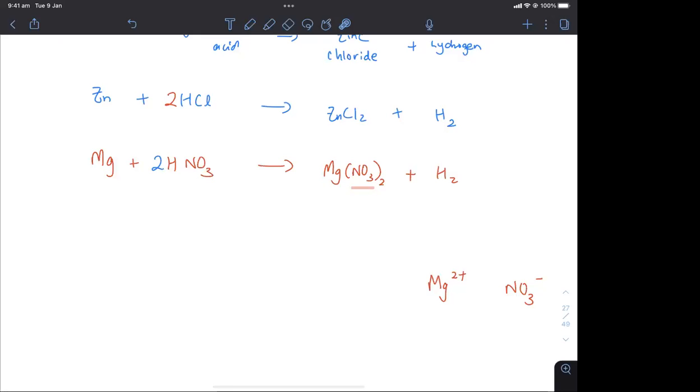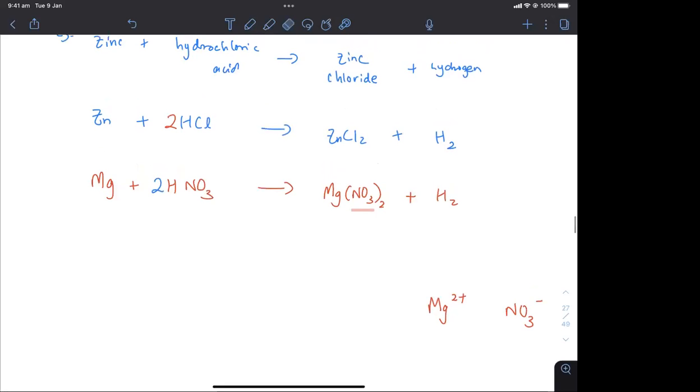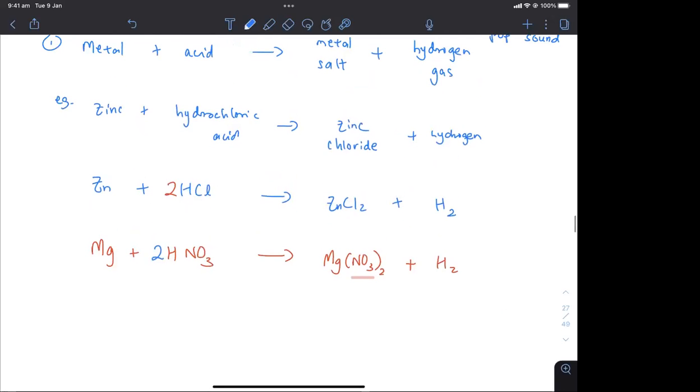Okay. Now this is a metal and acid reaction. In every single metal and acid reaction, you can see the metal as an element, and then you can see the metal as the cations. So what has happened from the metal element to the metal cation? Has it gained electron or has it lost electron?